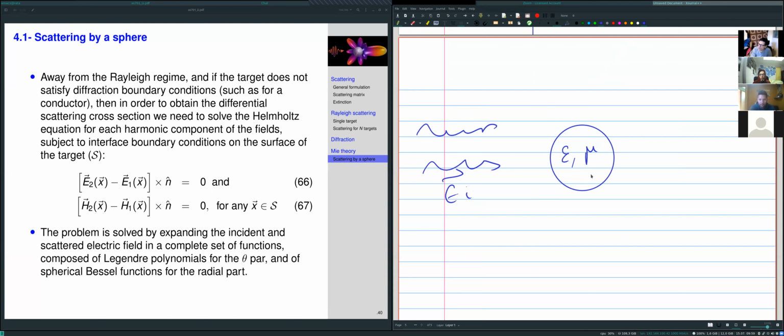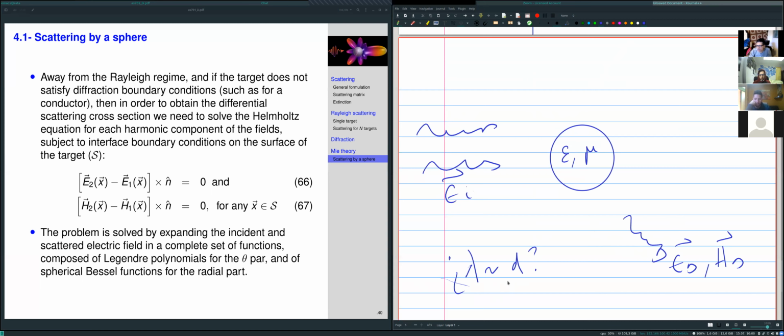We could work out the scattering cross section and the scattered fields. What we just did is compute the scattered fields using Rayleigh scattering. Rayleigh scattering is okay when we have lambda much greater than d. But what happens when lambda is of the order of d?